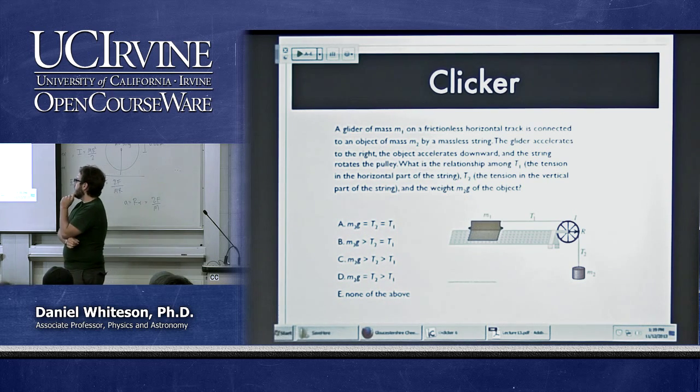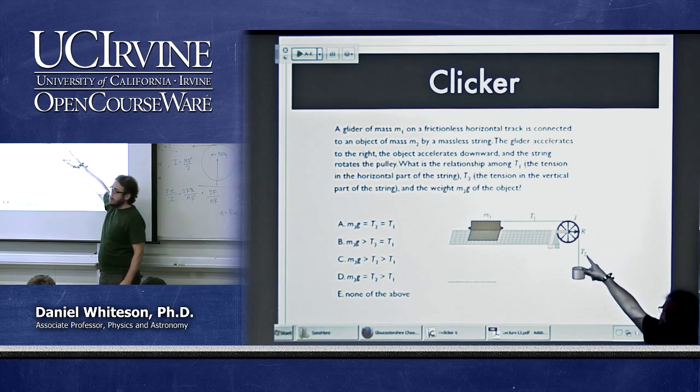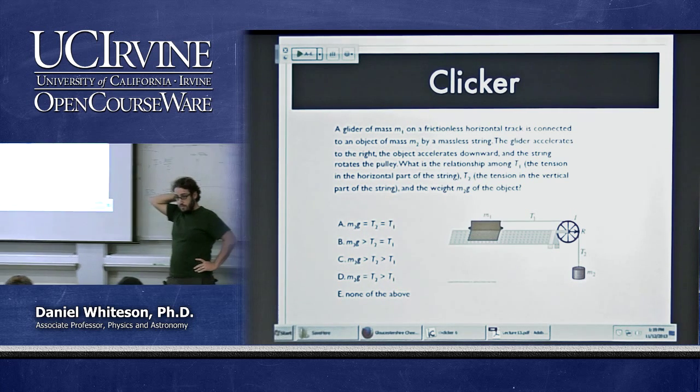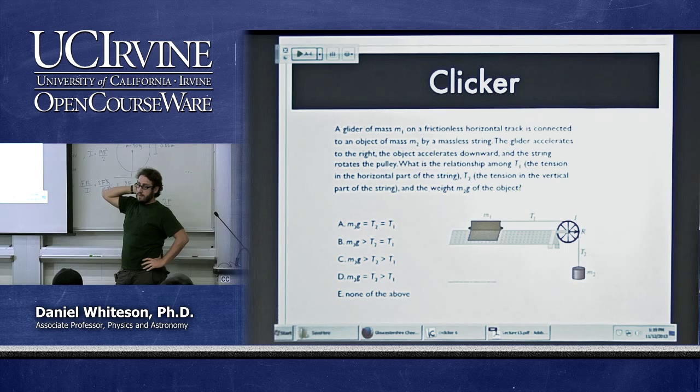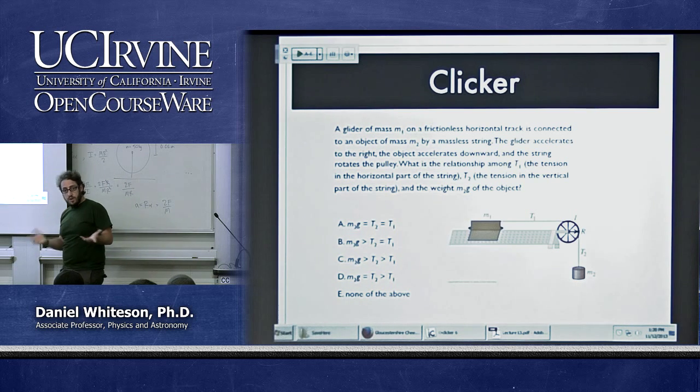So let me ask another way. Under what circumstance could M2G be equal to T2? If there was no acceleration. Right, because then the net force on that mass would be 0, and there would be no acceleration of that mass, right? So T2 has to be less than M2G in order for M2 to be accelerating. How do we know M2 is accelerating?